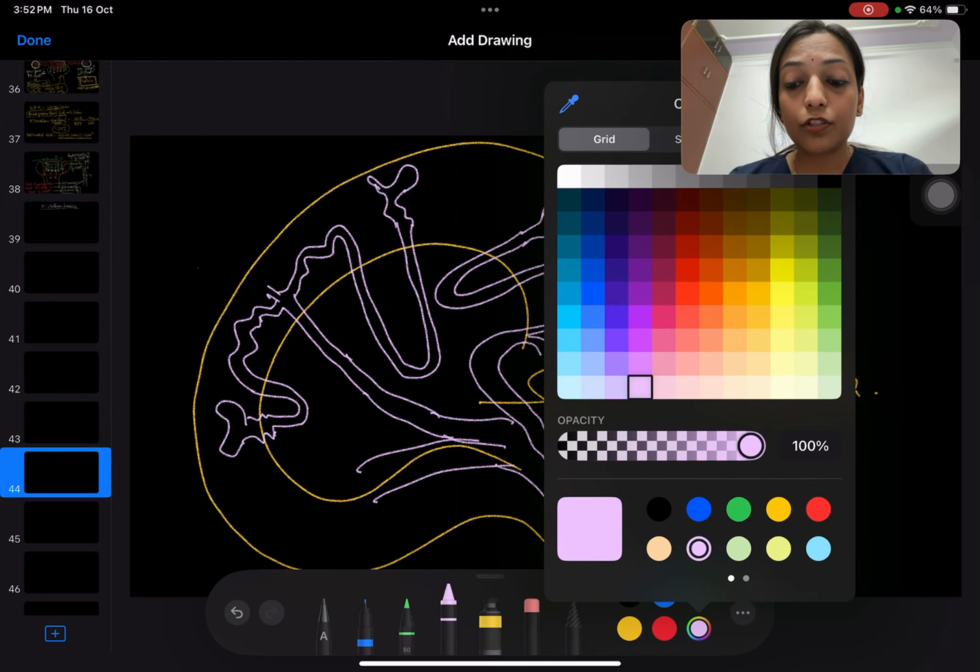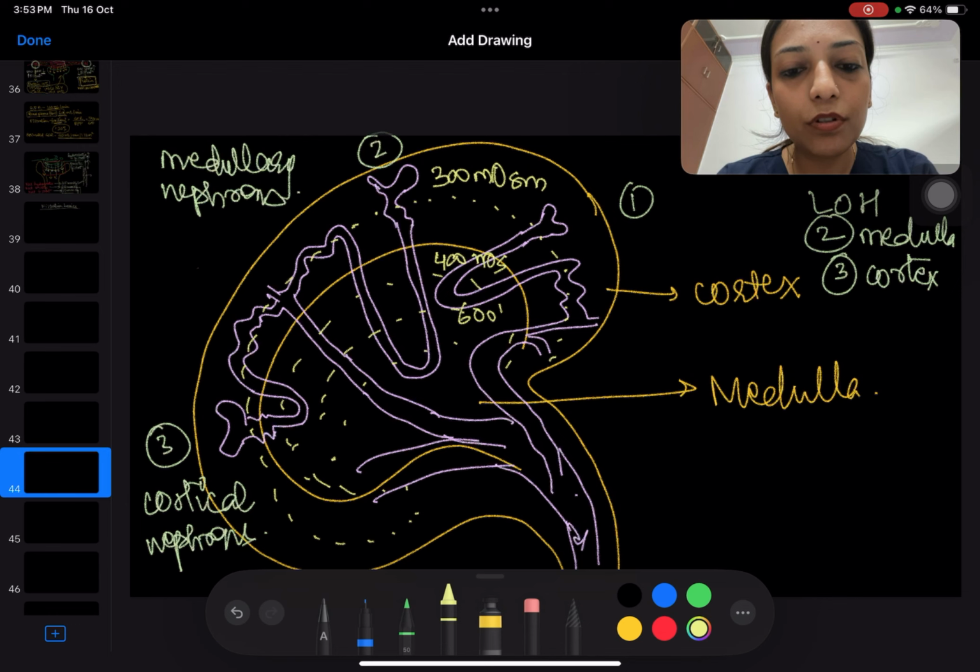Here somewhere it comes down to 400 milliosmoles. Then coming further down, it is 600. Then 900. And then at the tip of the medullary nephron, see, this is the medullary nephron, the osmolarity is 1200 milliosmoles per liter.